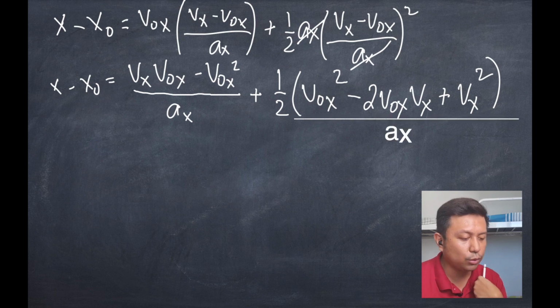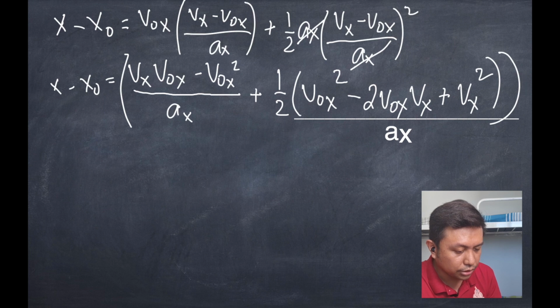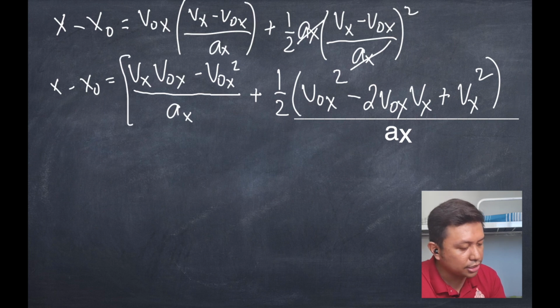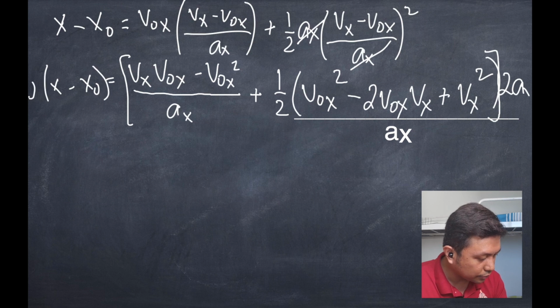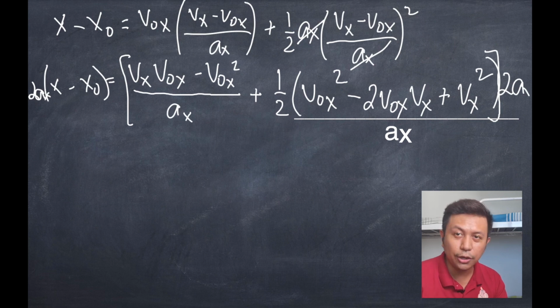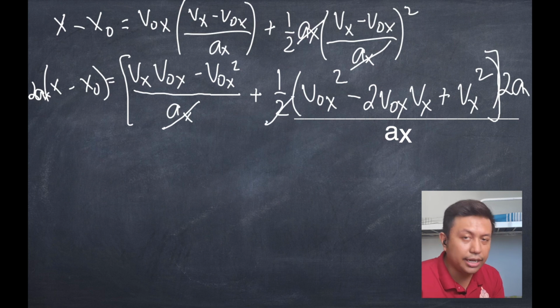Then let us simplify this 1/2 here. To simplify the 1/2 and the a sub x here, we can multiply both sides of the equation by 2a sub x. Since we multiplied both sides by 2a sub x, this will cancel and this will also cancel, but then it will distribute the 2a. The algebra is a bit tricky, but I don't want to be detailed in the algebra anymore.